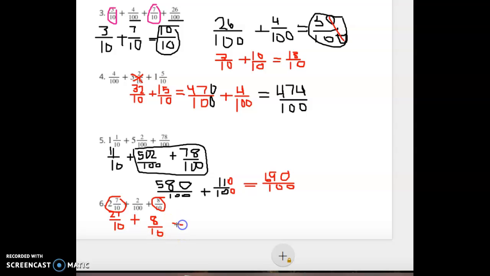So 35 tenths. And then I'm going to have to add my 2 hundredths. Again, we can't do tenths and hundredths, so I have to change my tenths to hundredths. And that would equal 352 hundredths.